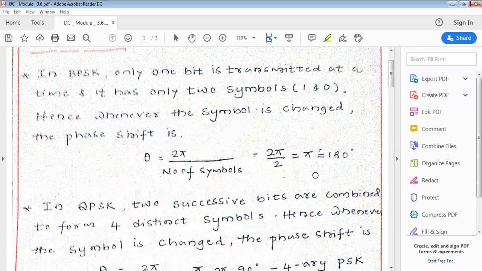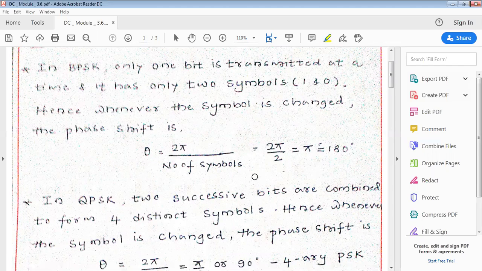Hence, whenever the symbol changes, the phase shift that we get is theta equal to 2 pi divided by the number of symbols. Since we are transmitting only one bit, the number of symbols is 2 raised to n, where n is the number of bits that we are transmitting. So 2 raised to 1 is 2, so you get two symbols, 1 and 0.